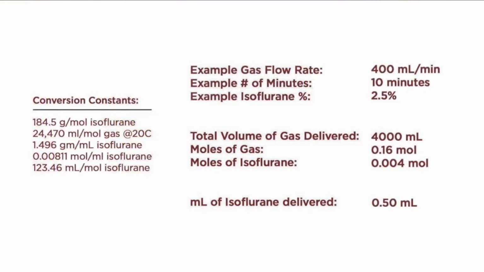Traditional vaporizers rely on passive vaporization of anesthetics and require minimum flow rates and annual calibration services to maintain their accuracy. The SomnoSuite and SomnoFlow systems are programmed with a gram to mole conversion of liquid anesthetic. The system automatically determines the volume of anesthetic required to reach the desired concentration in the carrier gas stream. Because anesthetic delivery is mathematically driven and there are no wicks or gaskets to service, no annual calibration or certifications are required.